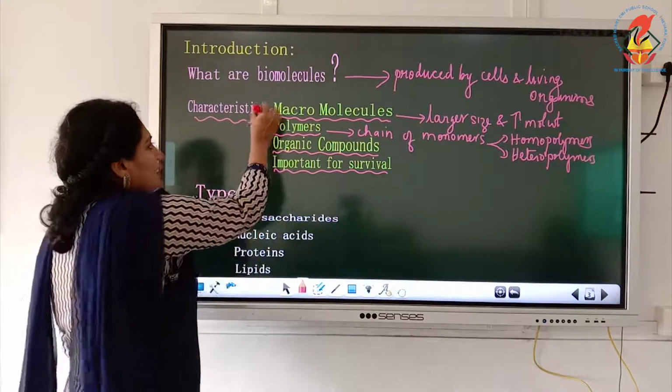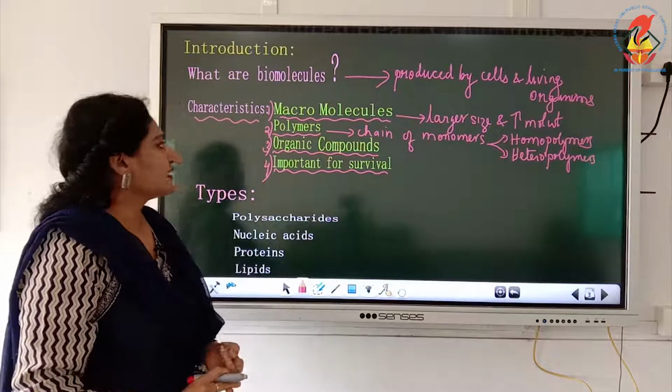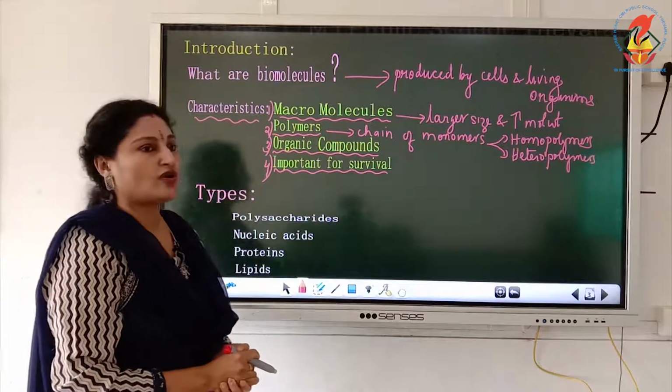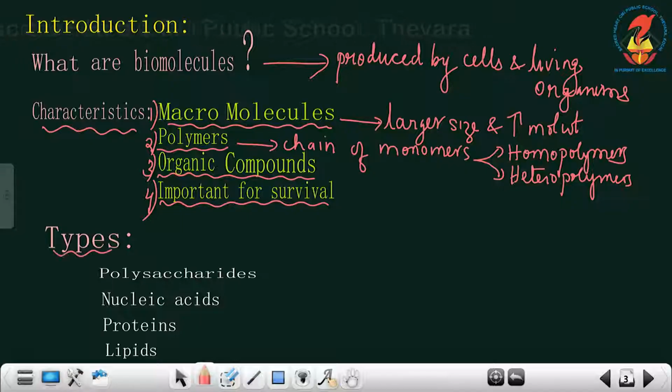So these are the very important four features of biomolecules. They are macromolecules, they are polymers, they are organic compounds, and they are very important for the survival of organisms and cells.